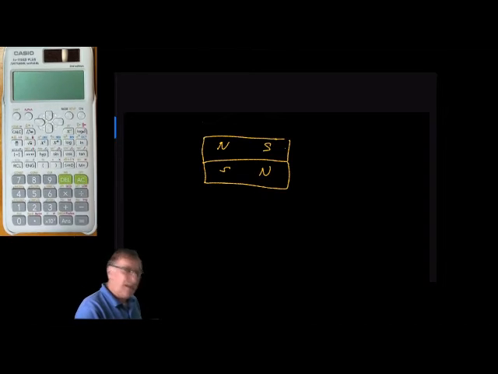But really, they want to move in this configuration. So this is the configuration where they're most happy.